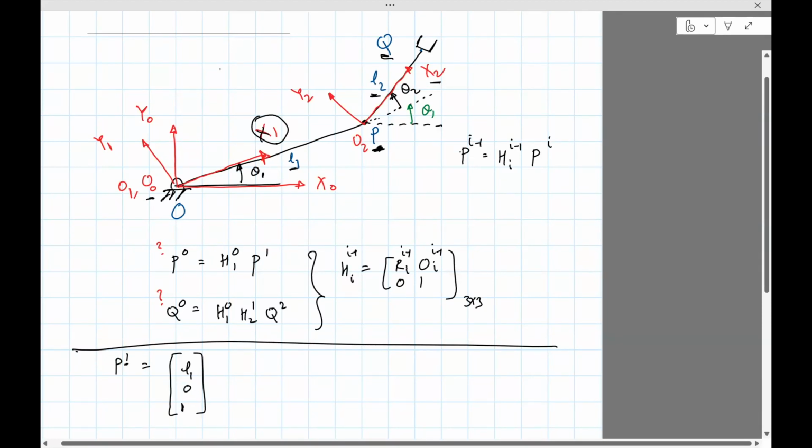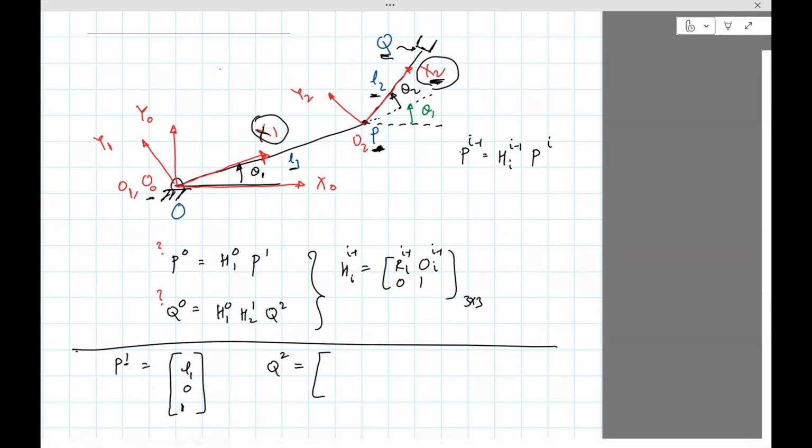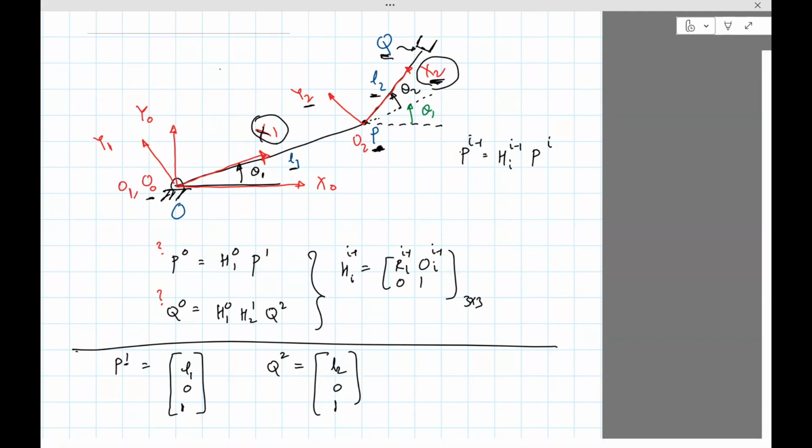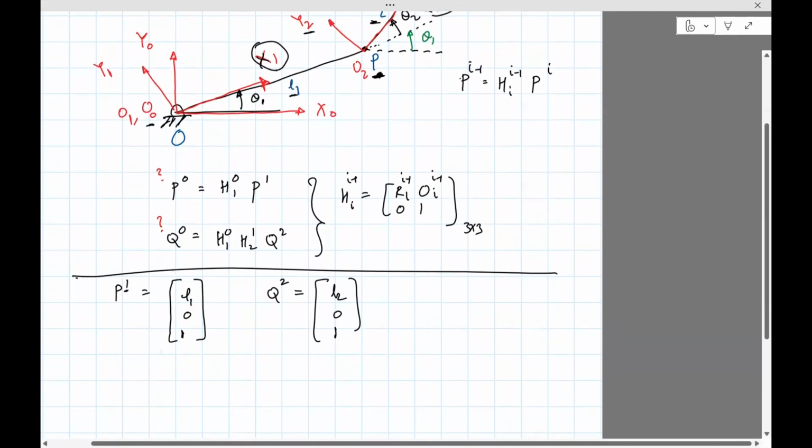So you always have a 1 in the third row. Let's do Q. Q2 is the position of Q in frame 2. So what's the position of point Q in frame 2? Along x2 it's simply L2. Along y2, it's 0. And 1 as a placeholder. Okay, so we got P1 and Q2.